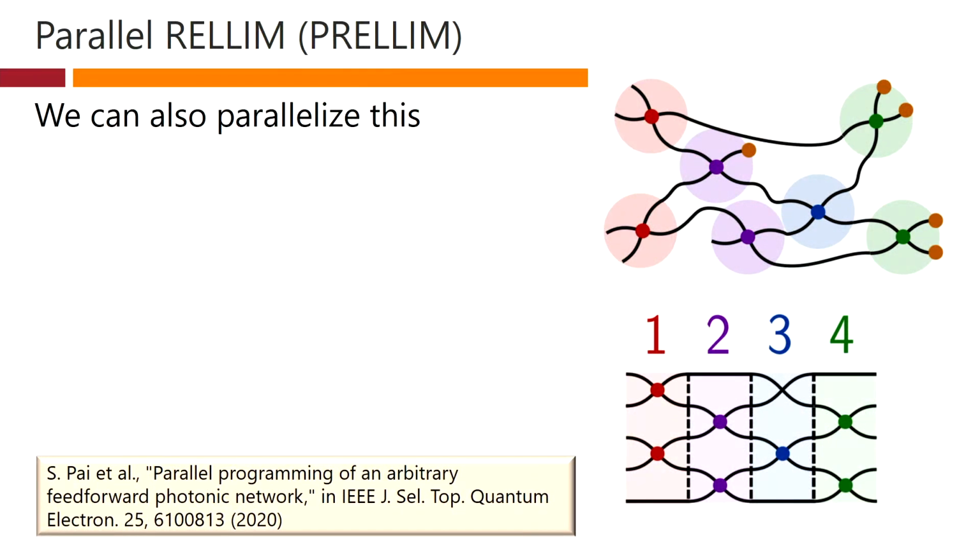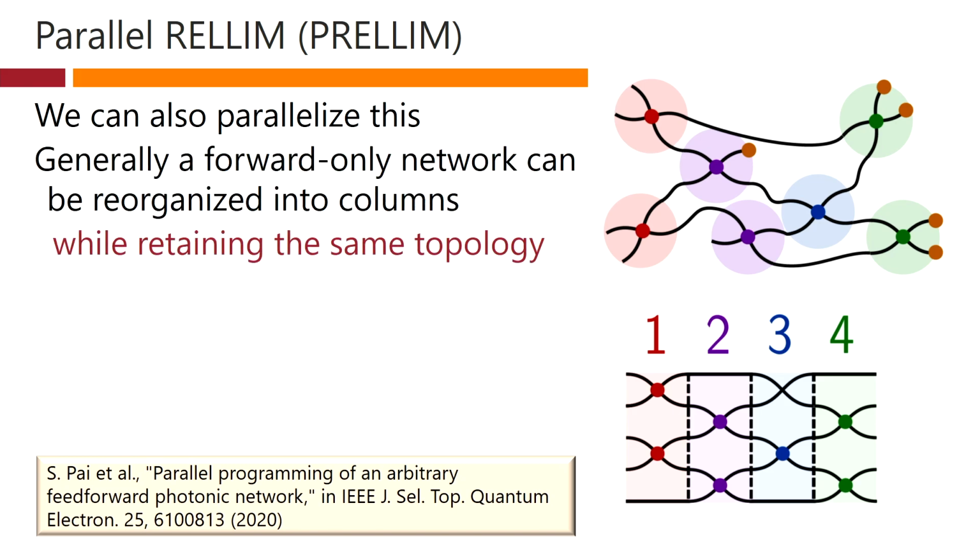We can also parallelize this approach. Generally, a forward-only network can be reorganized into columns while retaining the same topology. So here we have topologically managed to identify what we can think of as columns, and we can regularize those into these columns we've shown here.